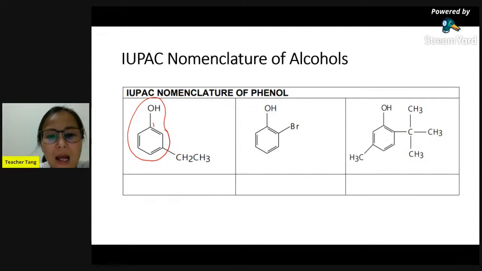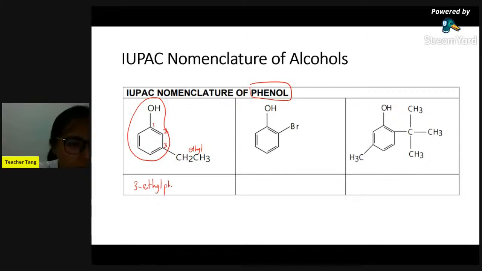In phenol, the hydroxyl group becomes part of the parent. So the carbon of the benzene that is attached to the hydroxyl group should be number 1, number 2, number 3. This substituent is ethyl. Therefore, this compound is called 3-ethylphenol.